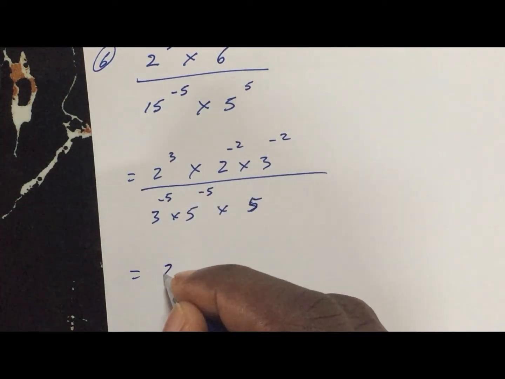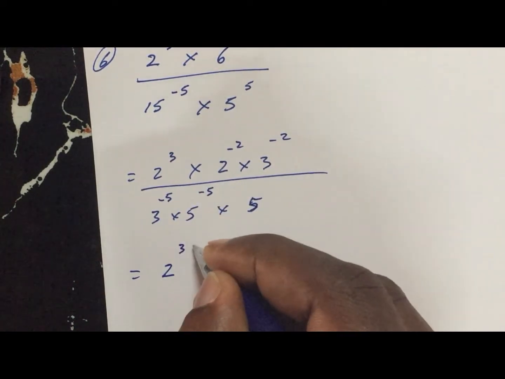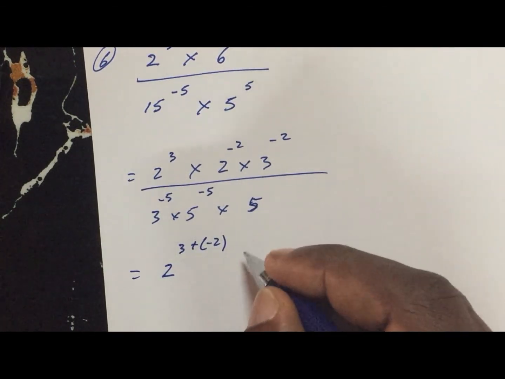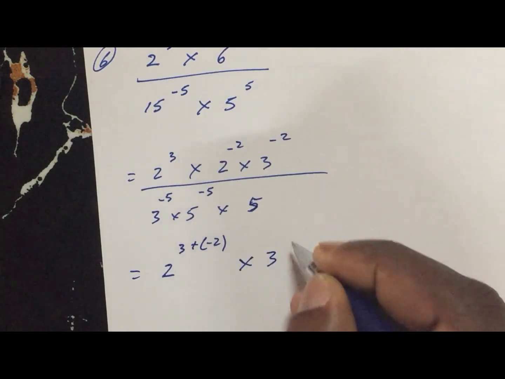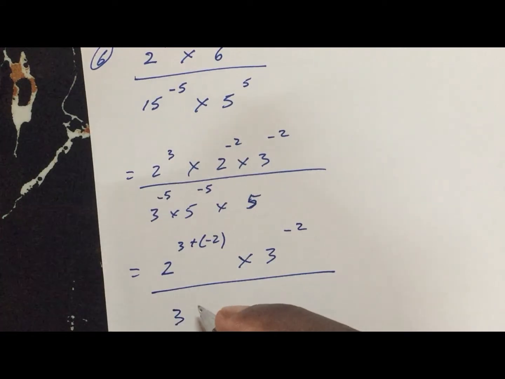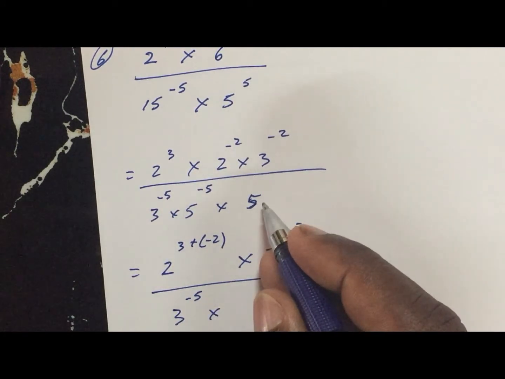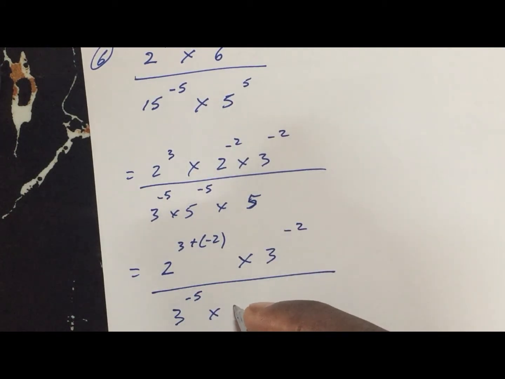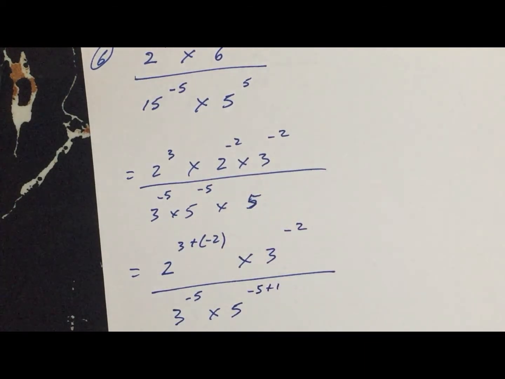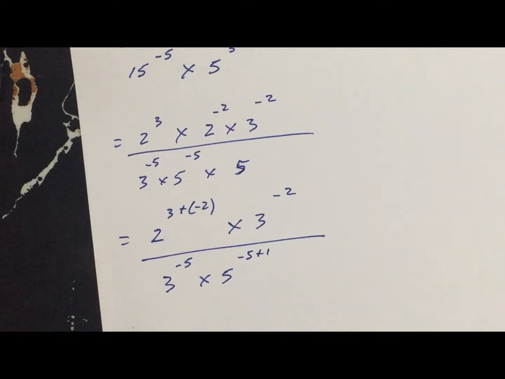For what we have, 2 to the 3 plus negative 2, just bracketing for simplicity's sake, times 3 to the negative 2 divided by 3 to the negative 5, times 5 to the negative 5 plus 1. Everybody with me up to there?